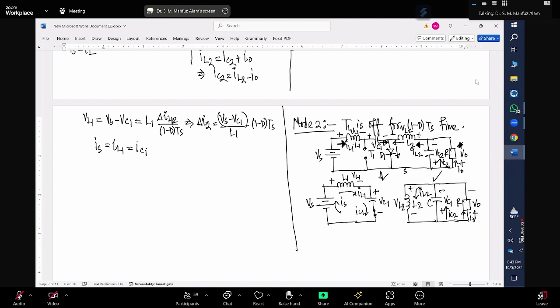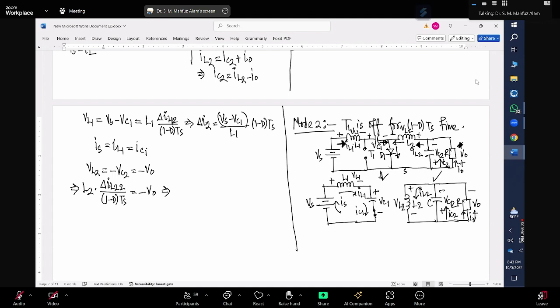Now for the second circuit, what should be the voltage across the inductor VL2? It should be minus V0 minus VC2, but we can say it as minus V0, right? So it should be L2 multiplied by del IL2 because it's the current 2 in the discharge period, and it should be (1 minus D) multiplied by Ts, that should be equal to minus V0.